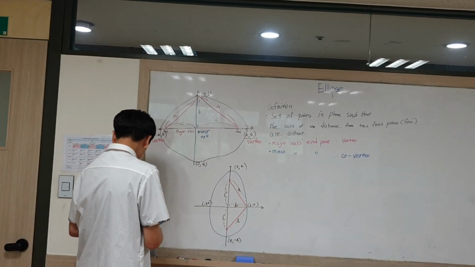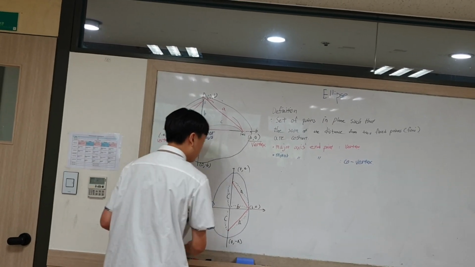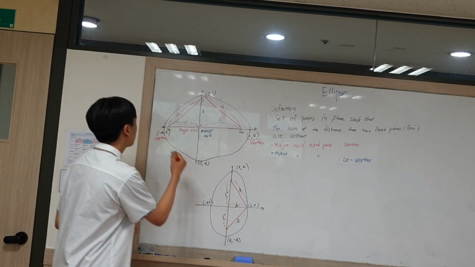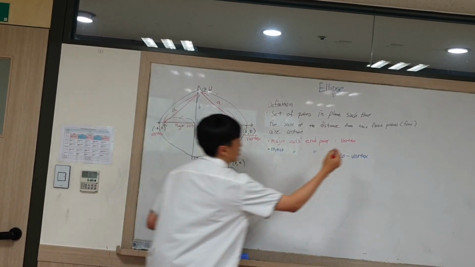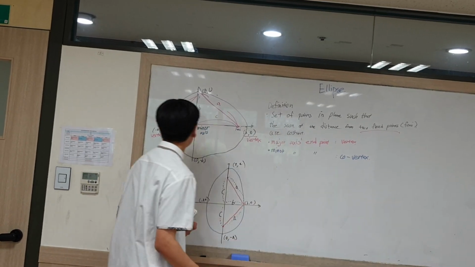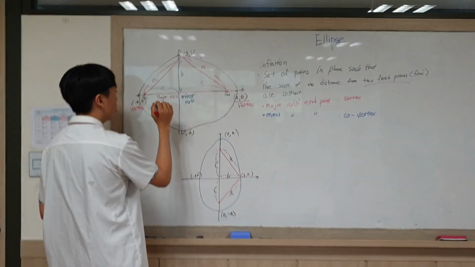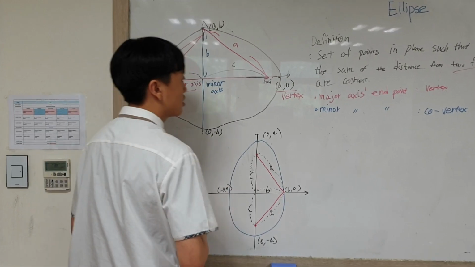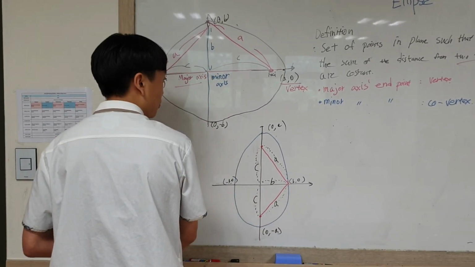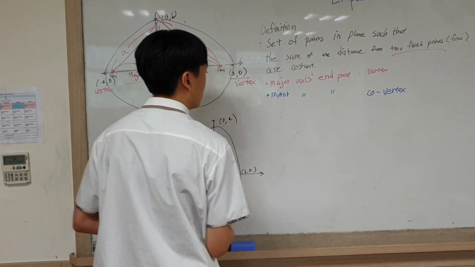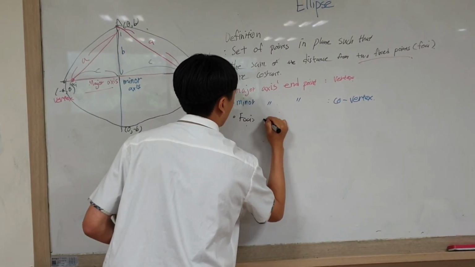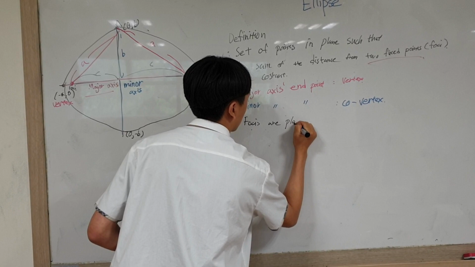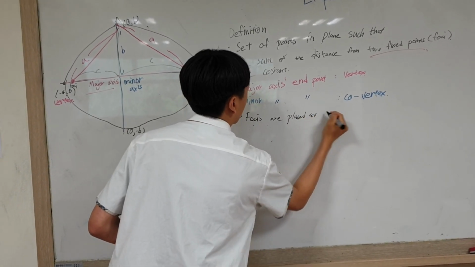So one important thing is that here 2 points are the points I just told you, and these foci are always placed on the major axis. So we could know that major axis has foci, so foci are placed on major axis.